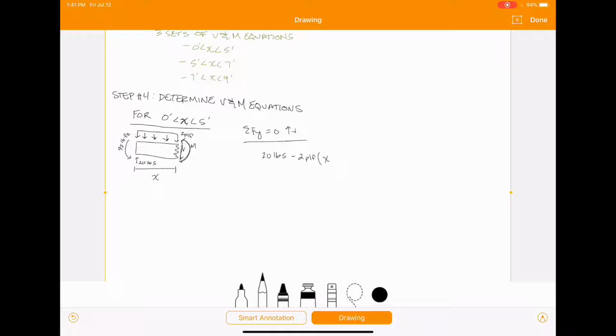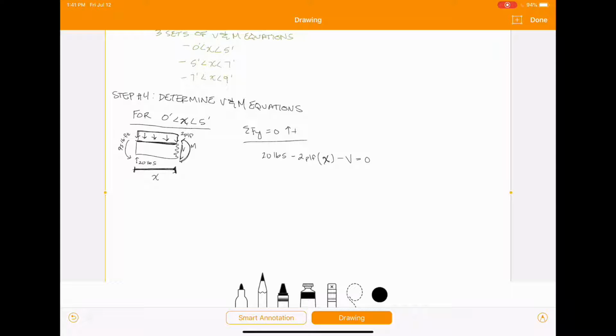So this is really times x. We're just looking at this cut section, cut at a distance x. So the length of this rectangle from the distributed load is going to be x. So that's why we put x here. And then minus V equals 0.